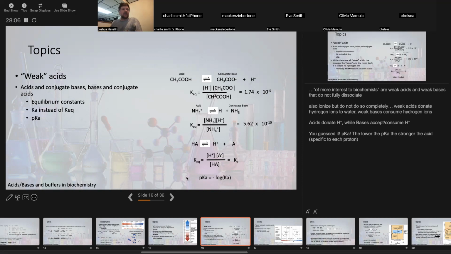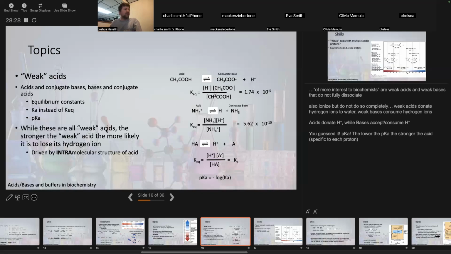We also refer to the strength of acids using the term pKa, which is just the negative log of Ka. And that's important because it's going to be used in the Henderson-Hasselbalch equation.